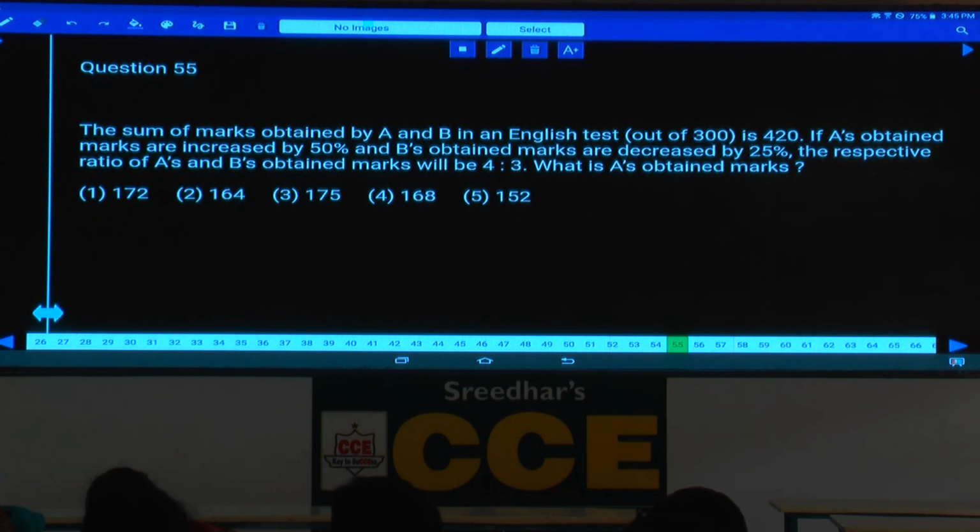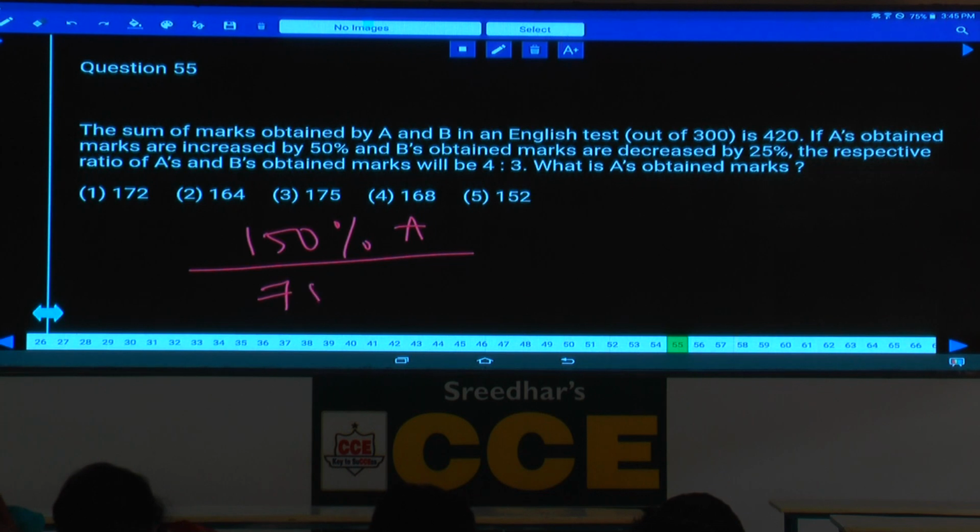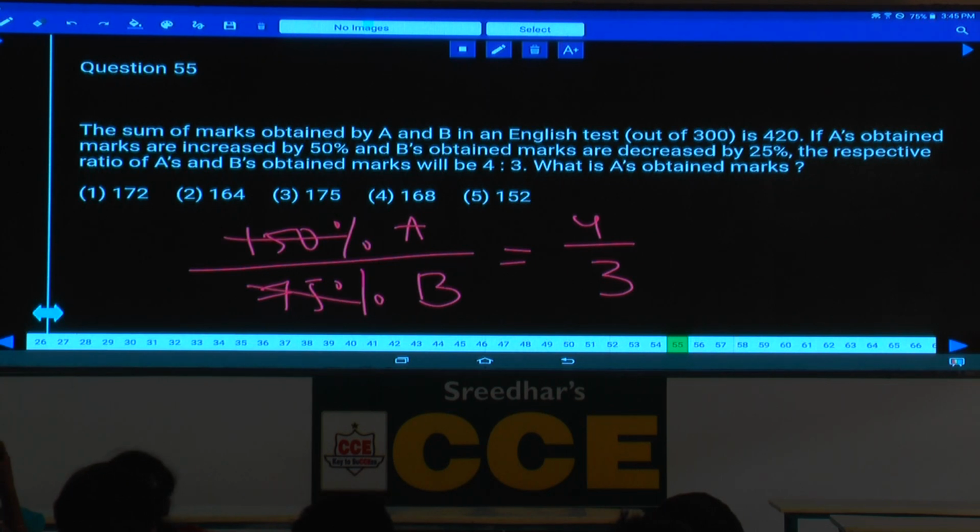A's marks increased by 50% is 150% of A. B's marks decreased by 25% becomes 75% of B. They will be in the ratio 4:3. 75 how many times? 2 times. So marks obtained by A and B are in the ratio 2:3.